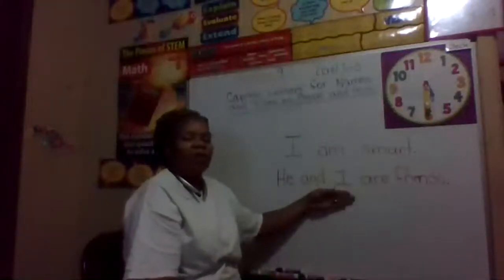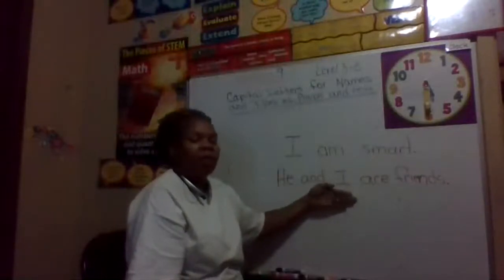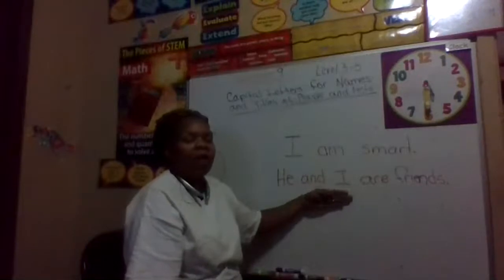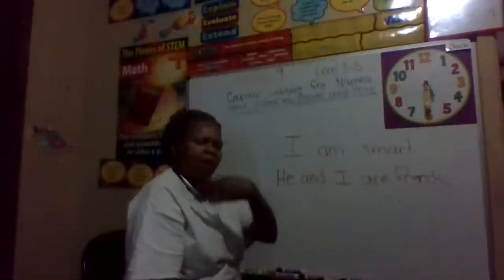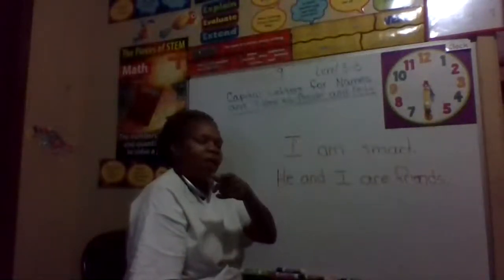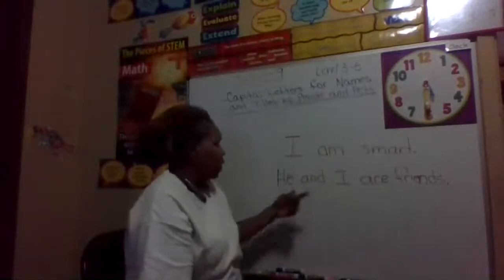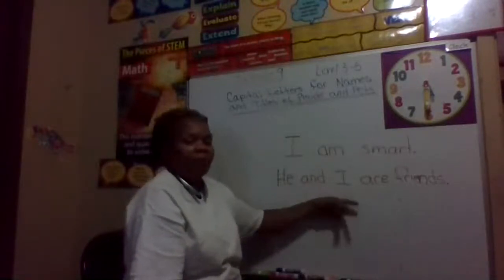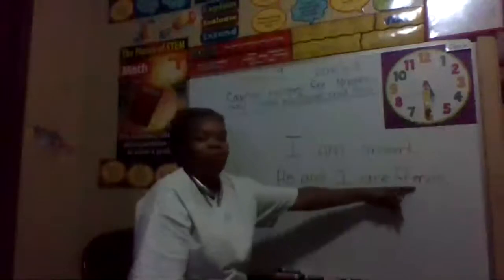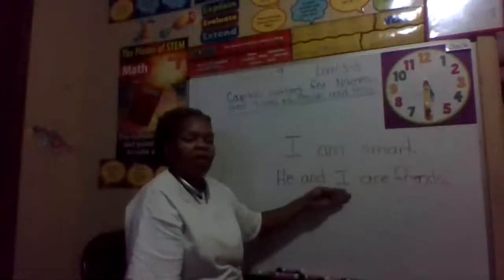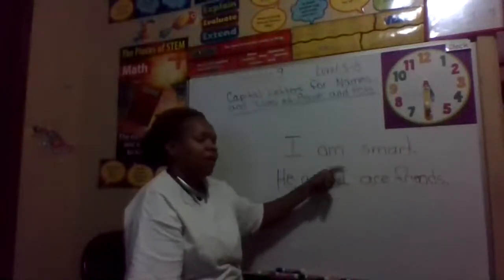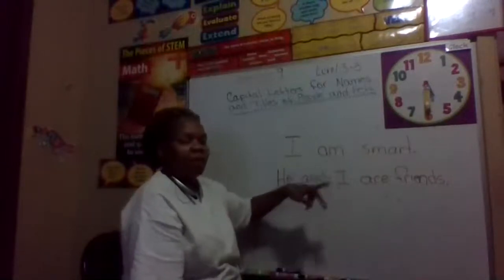Why? Because the rule says always capitalize the letter I. Because I is a word. It is signifying you, me, and even you out there. That's what I is talking about. All of us. He and I are friends. So I, even though it's in the body, because it's standing alone, it's still going to be a capital letter.